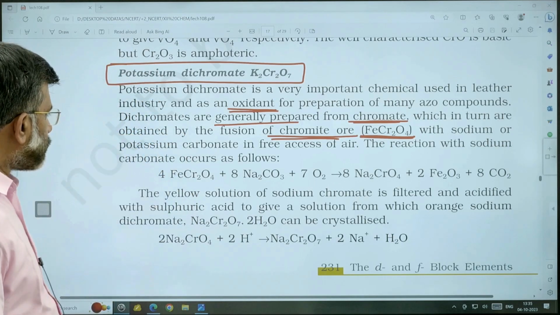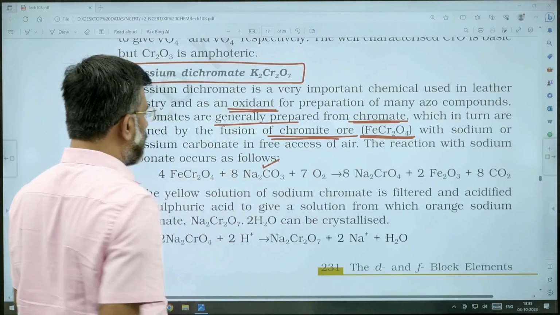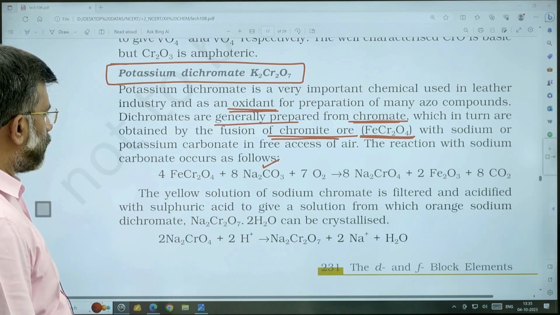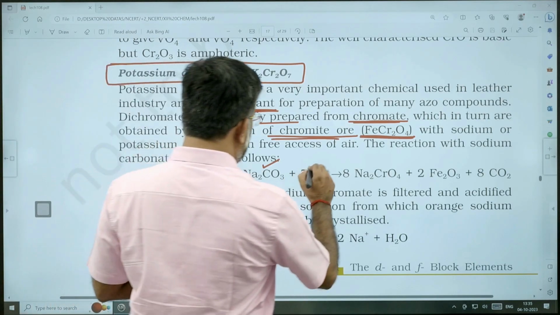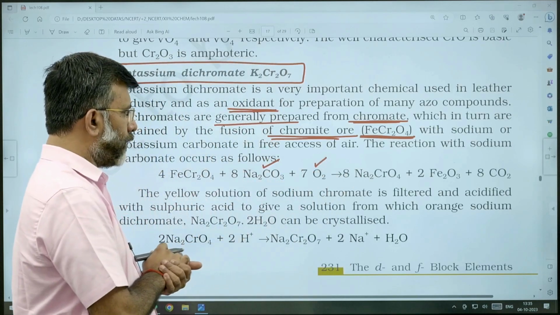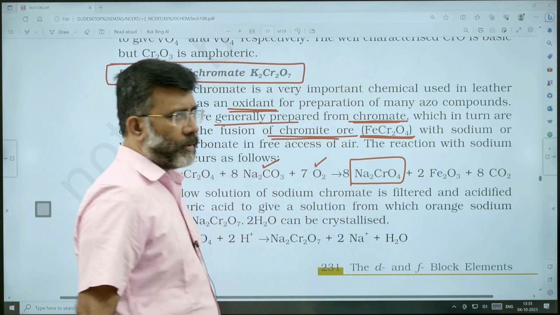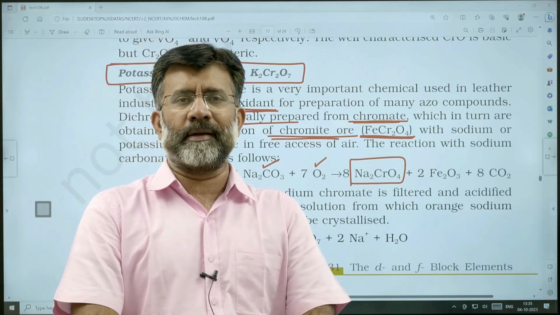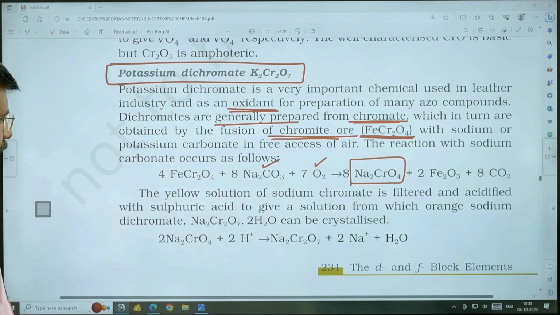FeCr2O4 is fused with sodium carbonate or potassium carbonate. So FeCr2O4 is fused with sodium carbonate in free excess of air. You will get a yellow colored product. Sodium chromate is obtained. Clear?